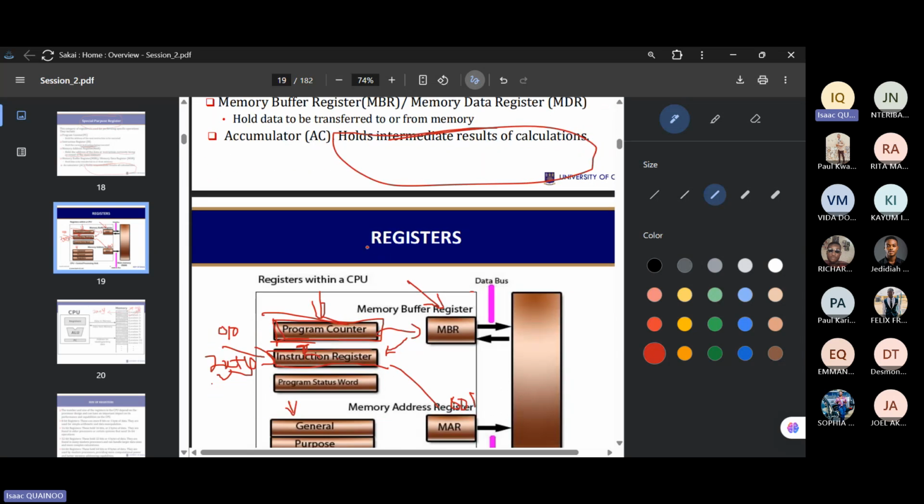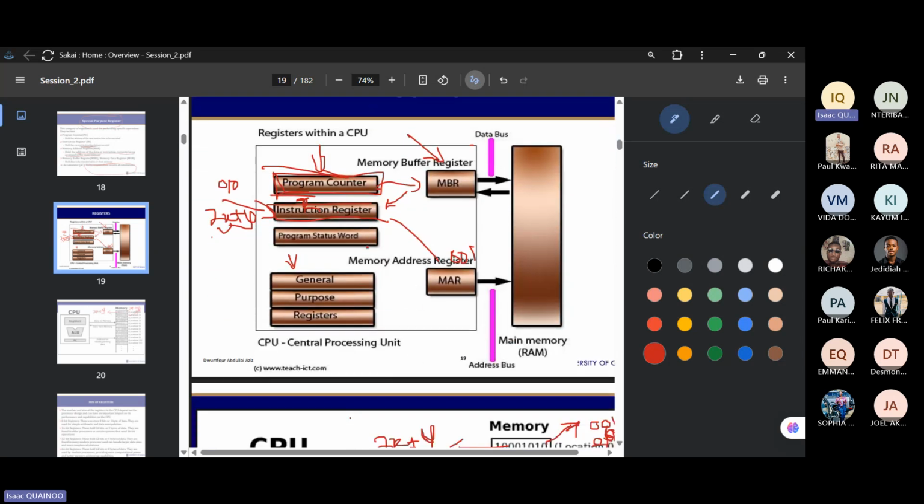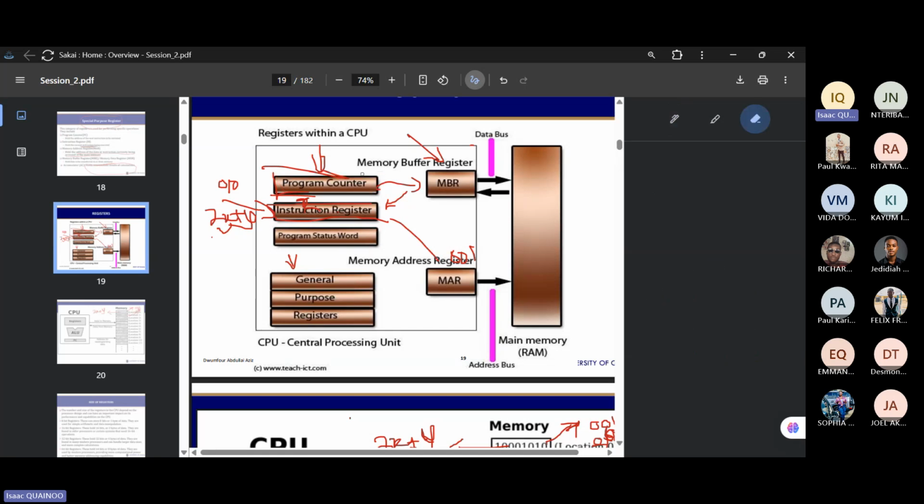And the job that the general purpose registers do is that they store generic data. For example, there are some data that you feed to the system that the computer does not need immediately. For example, if I feed a data like, let me use an example to illustrate this.